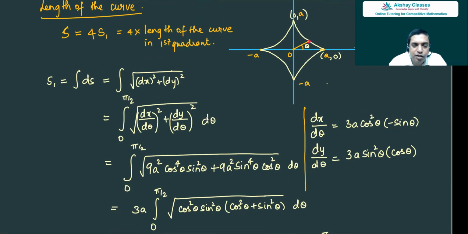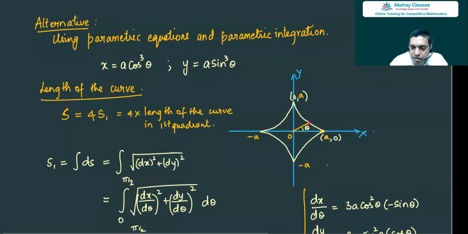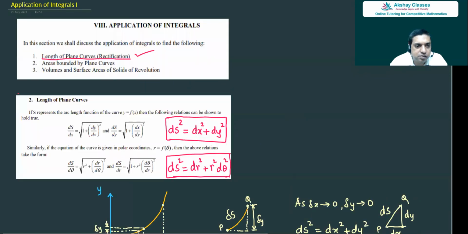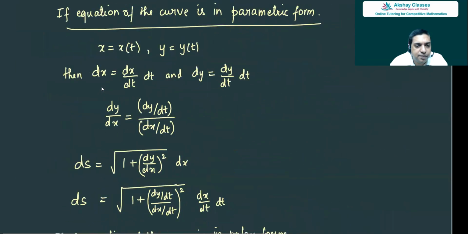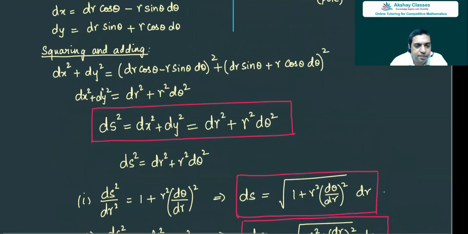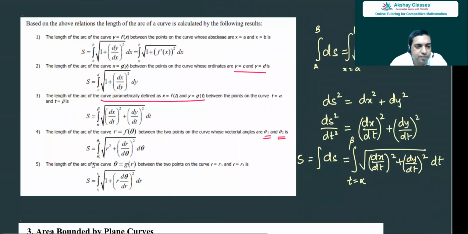All right, so we have done it with the parametric method. The same equation. Let me see. Here, this third formula is the parametric formula. Integral alpha to beta under root dx by dt whole square plus dy by dt whole square of dt.